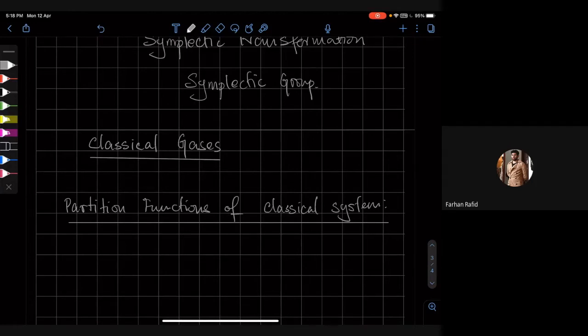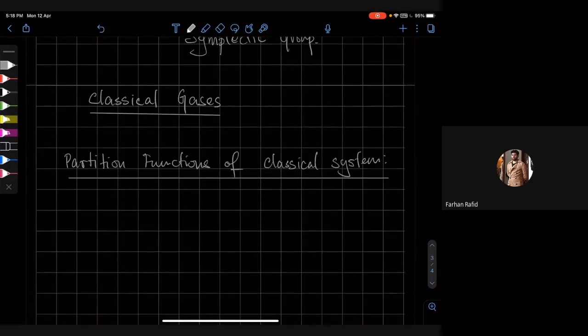So what we will do is that we will be treating mostly the canonical ensemble. Okay. And once in a while, we'll also do a grand canonical ensemble.